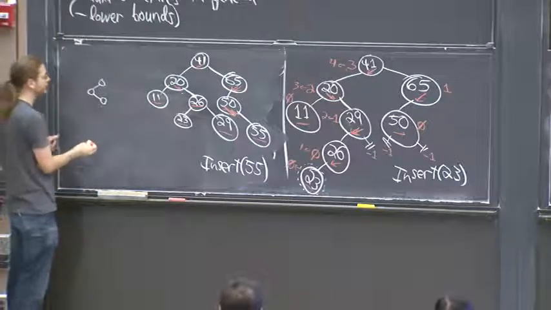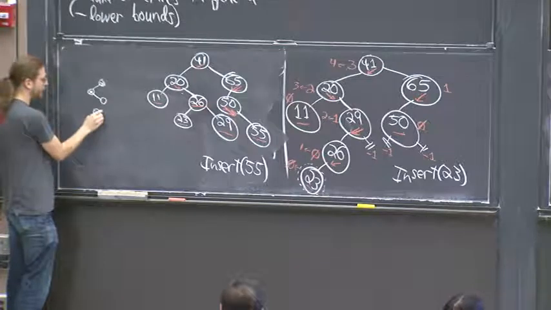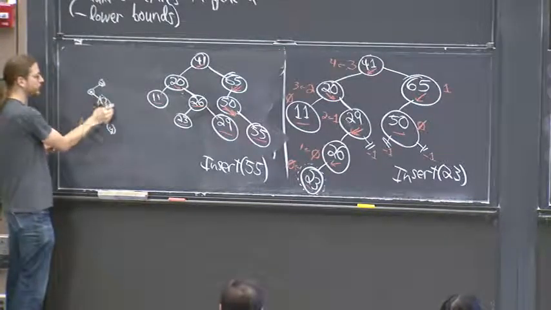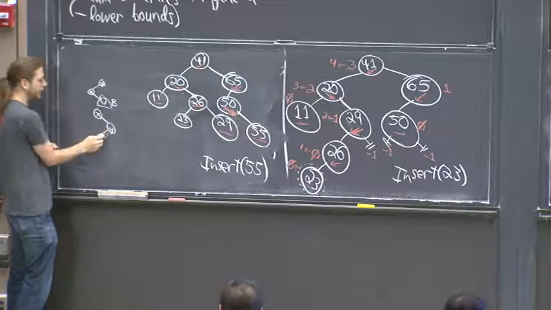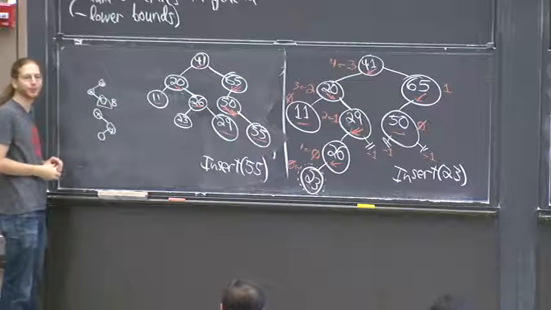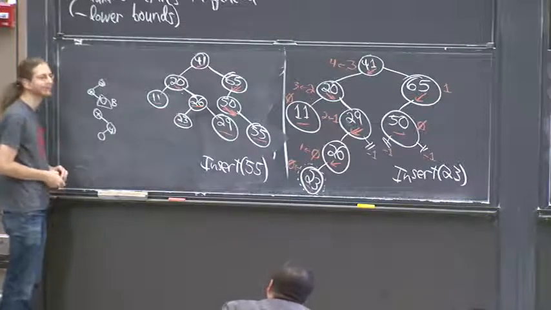If I do a right rotation, where this is x and this is y, what I'll get is x, y, and then this is b. This is what's in between x and y. And so it'll go here. And now it's a zag-zig path, which is no better. The height's the same. And we're sad.